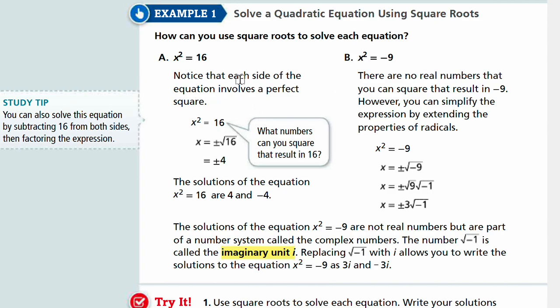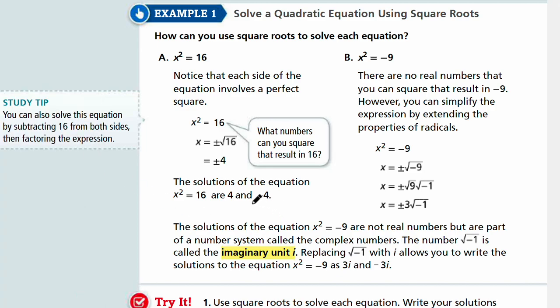Notice that each side of the equation involves a perfect square. If we square root x squared, it would be x, and x would be either positive square root of 16 or negative square root of 16, so that would be plus or minus 4.